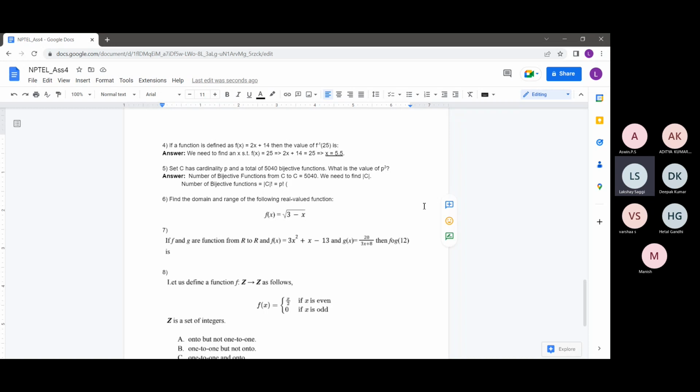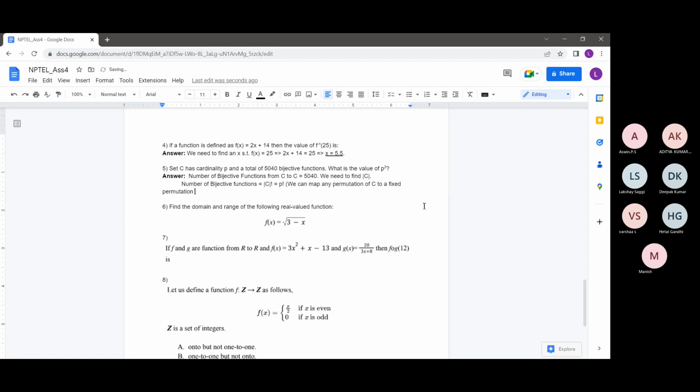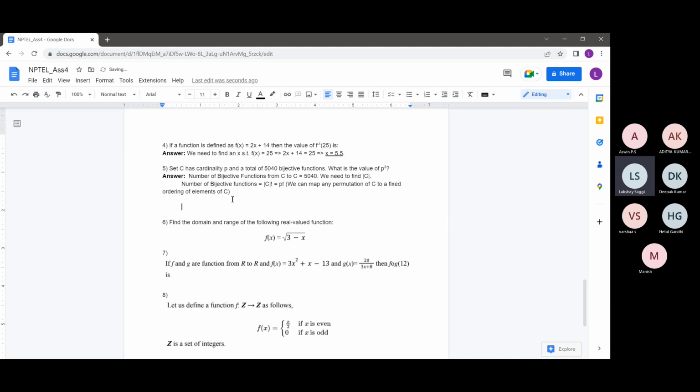And the basic argument for this property was that we can map any permutation of C to a fixed ordering of elements of C. Basically, we fix an ordering of elements of C on one side, and on the other side we can permute all the elements of C, and we can then map any permutation. I hope the argument for this was clear.